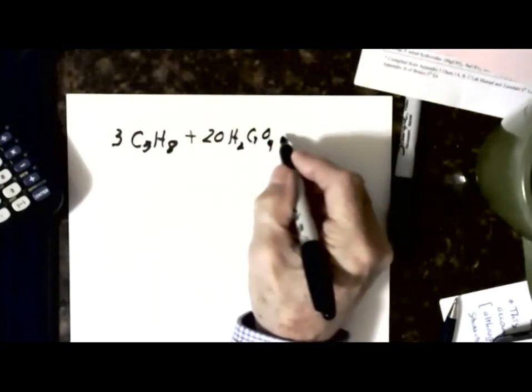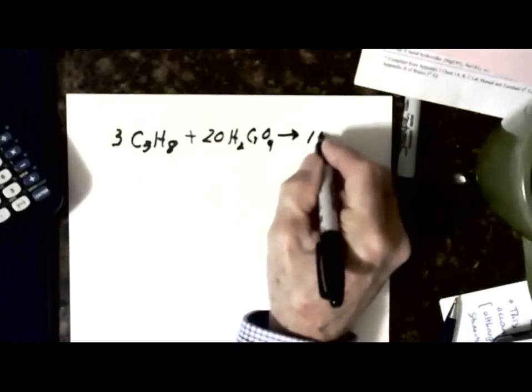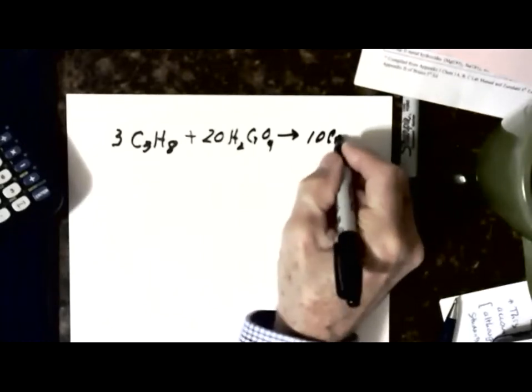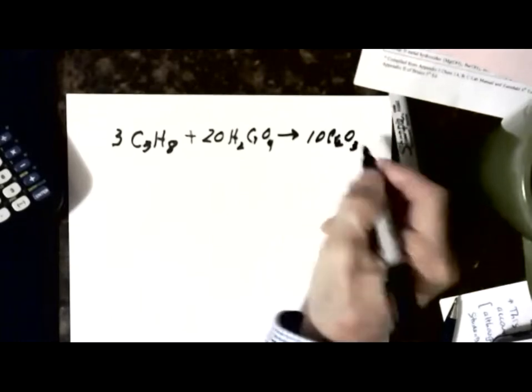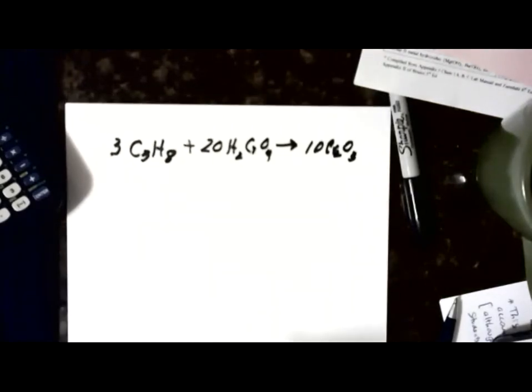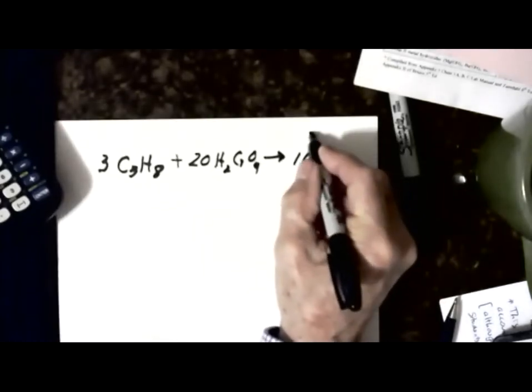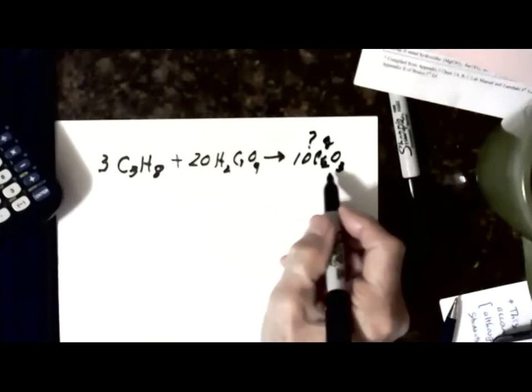And I'm going to only worry about the other thing in the problem, the 10 Cr2O3. Okay, now we want to know what mass of the chromium 3 oxide. So I'm going to put a question mark with grams over the 10 Cr2O3s.